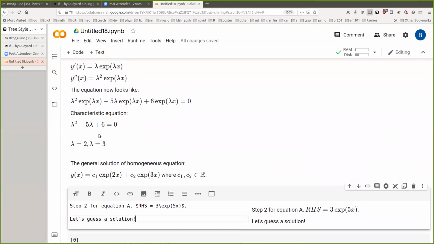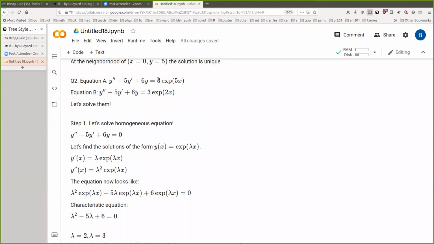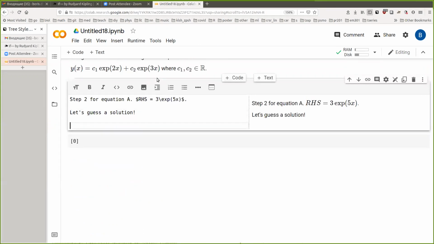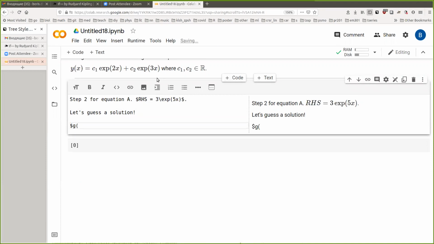And that's what we need in the right-hand side. So I will try to guess a solution by just using the right-hand side as a guess. So my guess, g of x, is k, which is an unknown constant for the moment, times exponent of 5x. So this is my guess candidate.